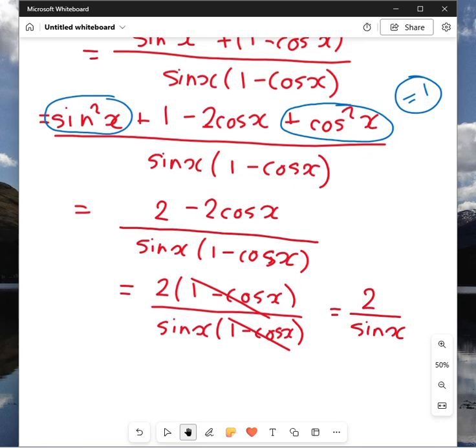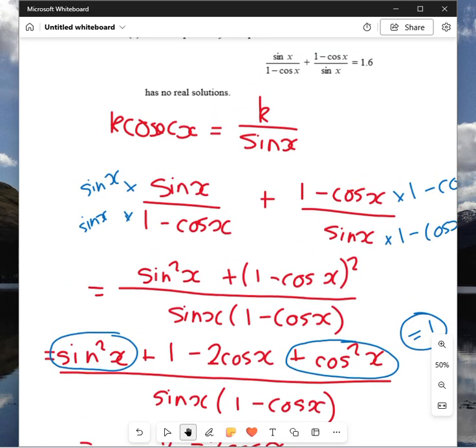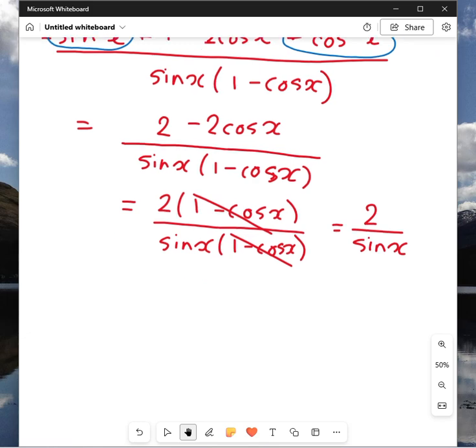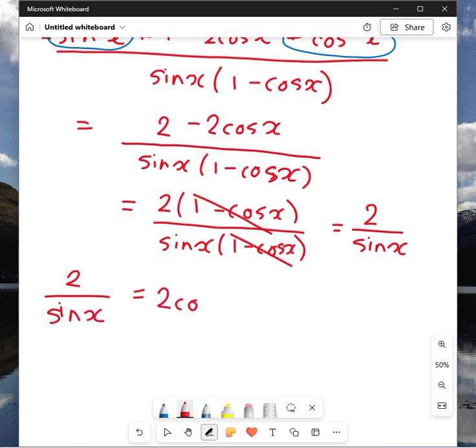Right at the very start, I said that I wanted something in the form of k cosec x, which is k over sin x, which I do. So k is 2. 2 over sin x is 2 cosec x, giving us a k of 2. So that's the first part of the question done.